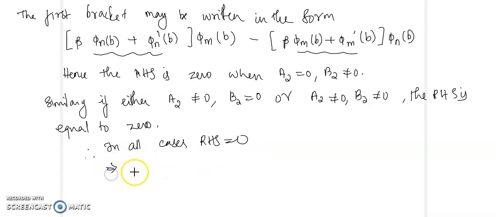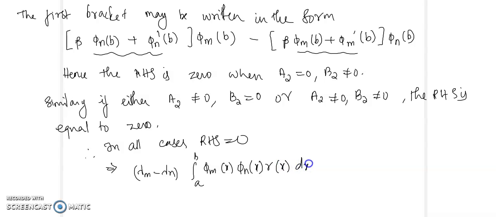So that implies lambda m minus lambda n into the integral a to b phi m of x into phi n of x r of x dx is equal to 0. And here we have lambda m not equal to lambda n. So therefore the product is 0.